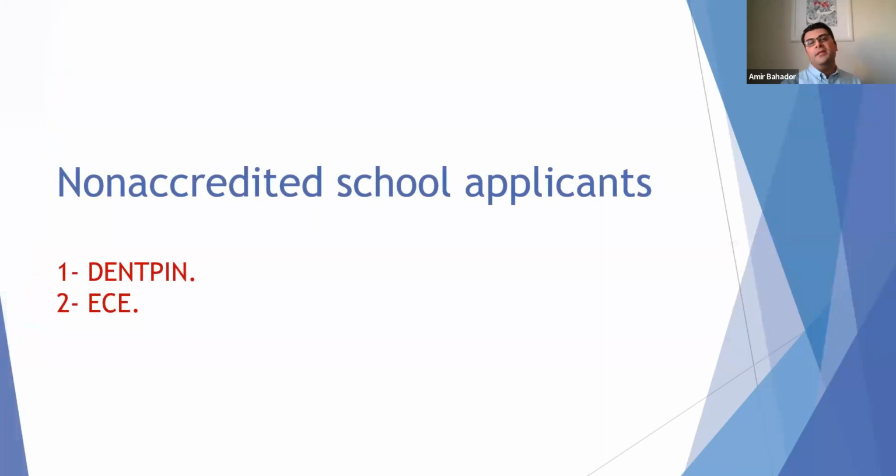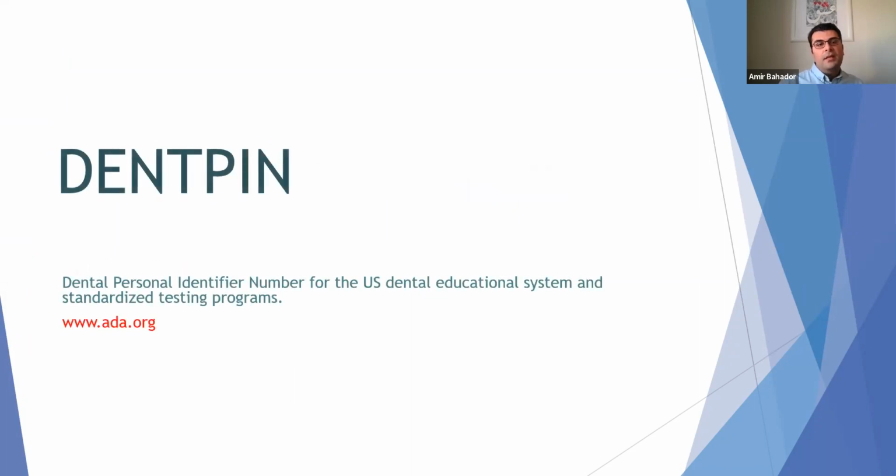For non-accredited dental school applicants, there are some terms that you should know about. First of all, it's the DENTPIN, and then the ECE. DENTPIN is a dental personal identifier number for the US dental educational system and standardized testing programs.